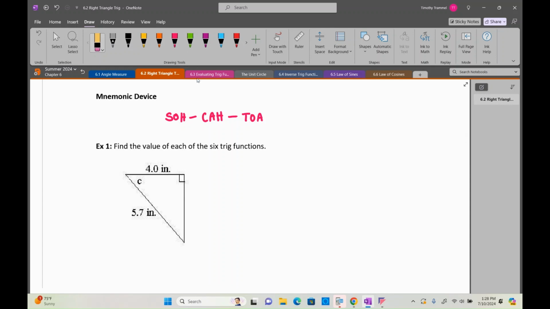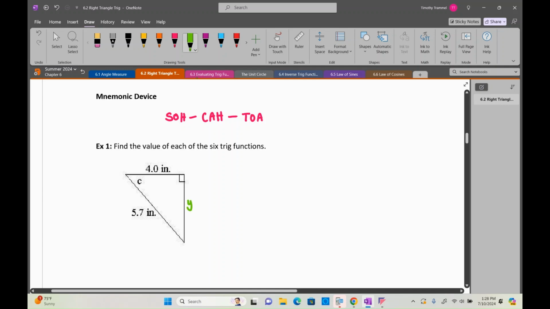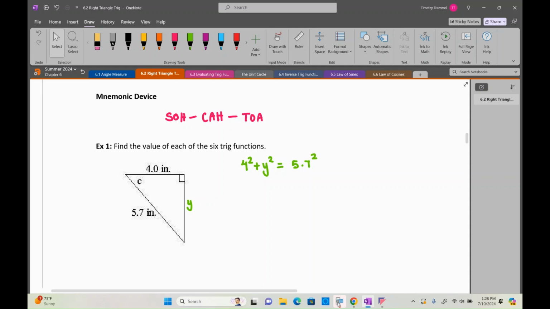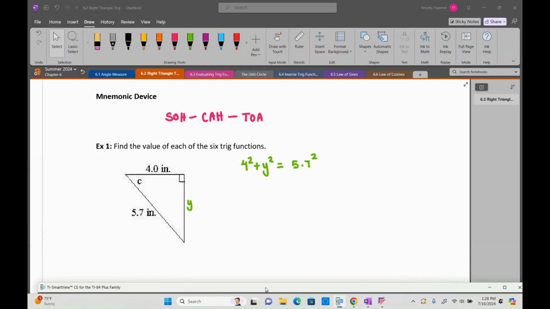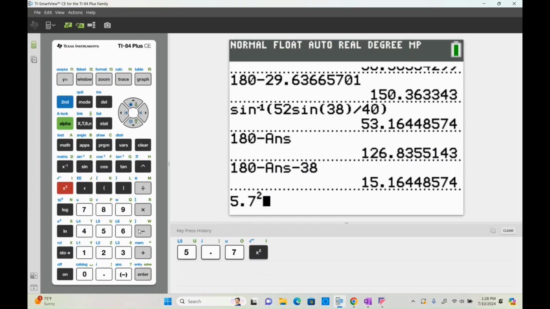So for instance here, I could say maybe that this is y. And so then I have 4 squared plus y squared should be equal to the hypotenuse squared. Then we can grab our calculators and do 5.7 squared minus 4 squared.